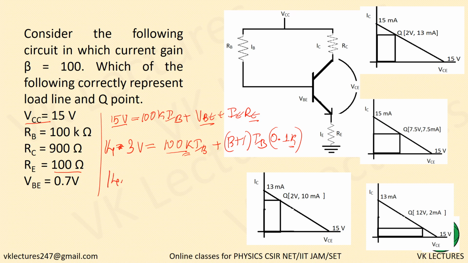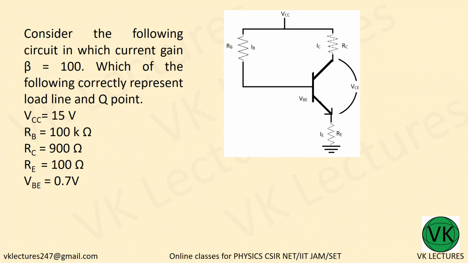So 14.3 volt is equal to 110K into IB. So what is IB equal to?